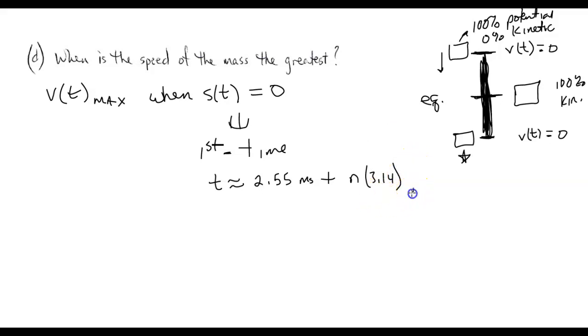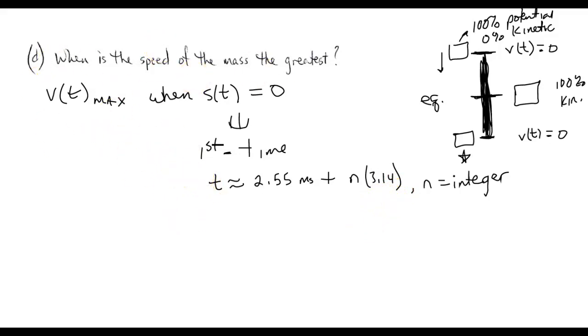Okay, and of course n is an integer. So in approximate terms, the speed of the mass is the greatest every time it goes through here, meaning that the first time is going to be 2.55 milliseconds, and then every 3.14 milliseconds after that, that's when the speed of the mass is going to be the greatest again. Okay.